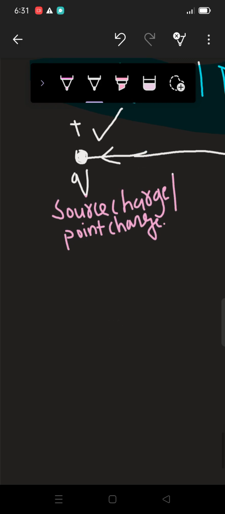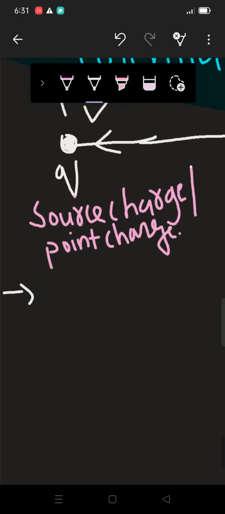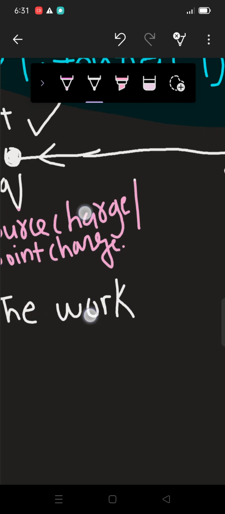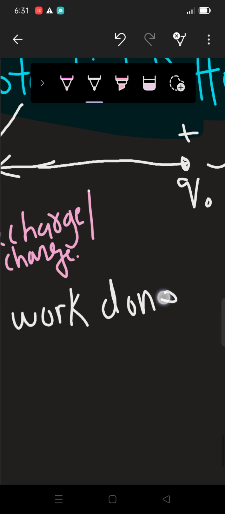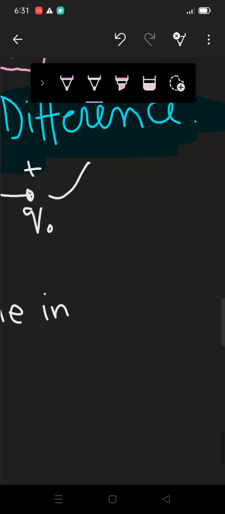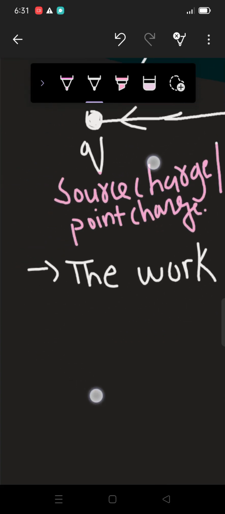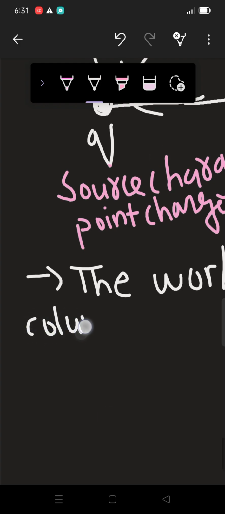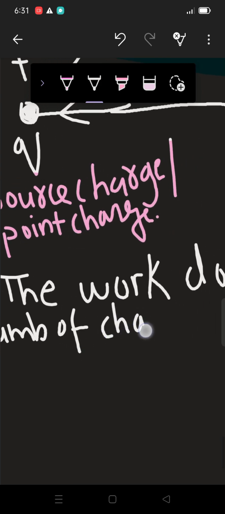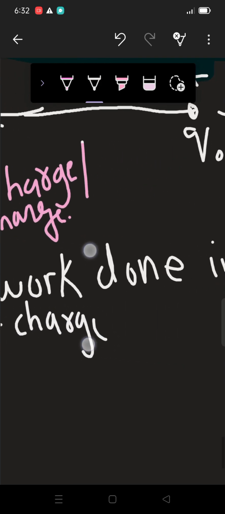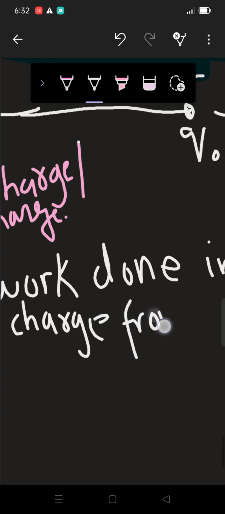So now let me write the definition here so that it can be more clear to you. Alright, it is nothing but the work done in moving 1 coulomb of charge from higher potential, or you can say from positive terminal.